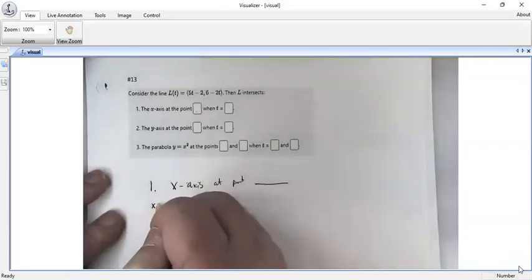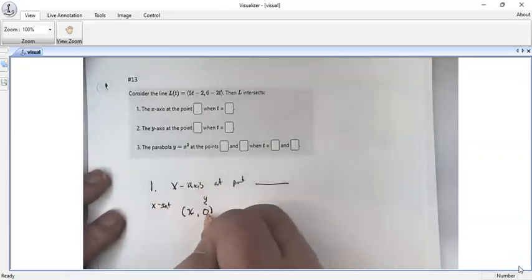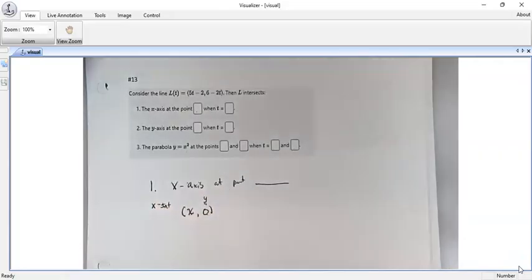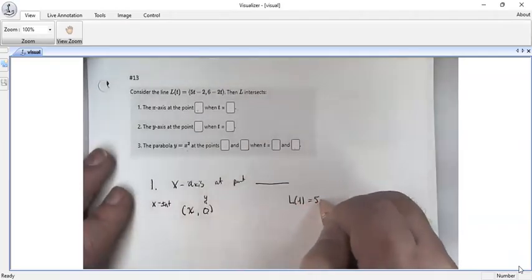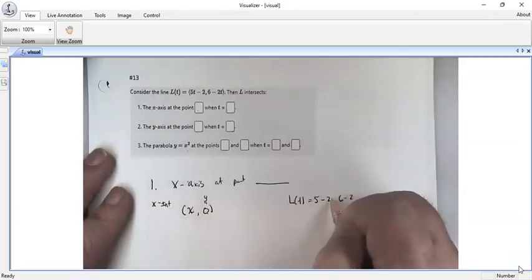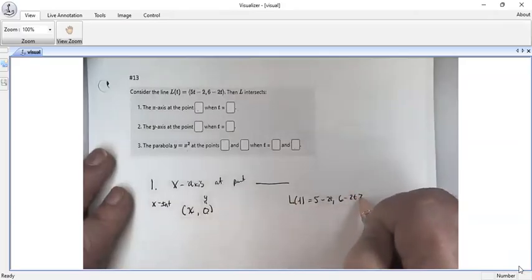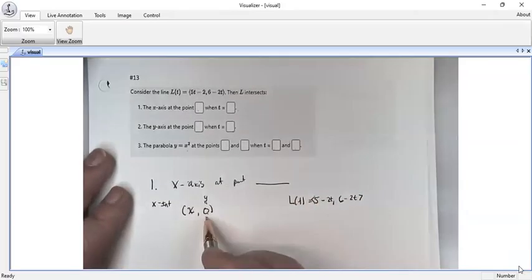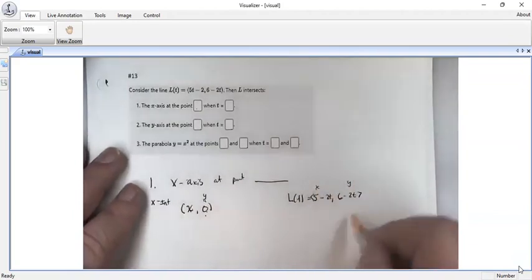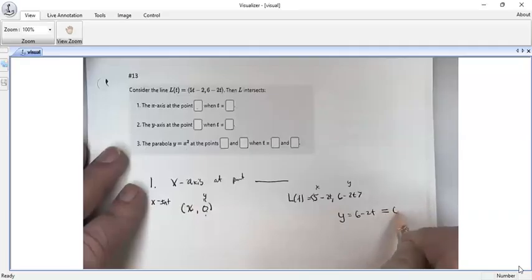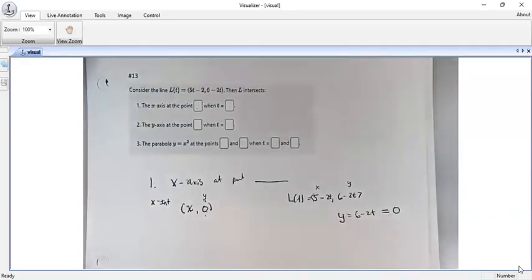X crosses the x-axis, x-intercept, x comma y equals 0. So we know we got this linear equation, L of t equals 5t minus 2 comma 6 minus 2t. But I know for the x-intercept, the y coordinate has to be what? 0. So this is your x component, y component. So take the y component, which is the 6 minus 2t, and set it equal to 0, and you can figure out the time it hits.